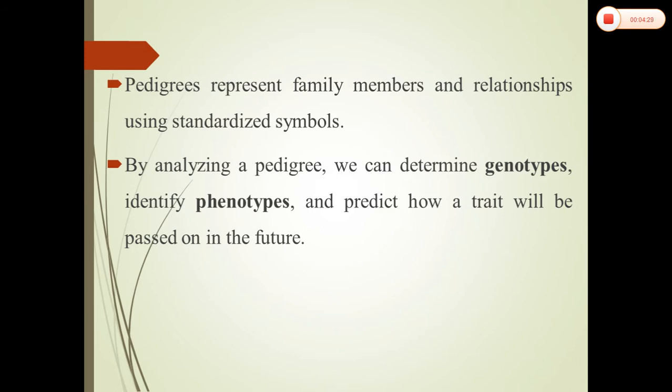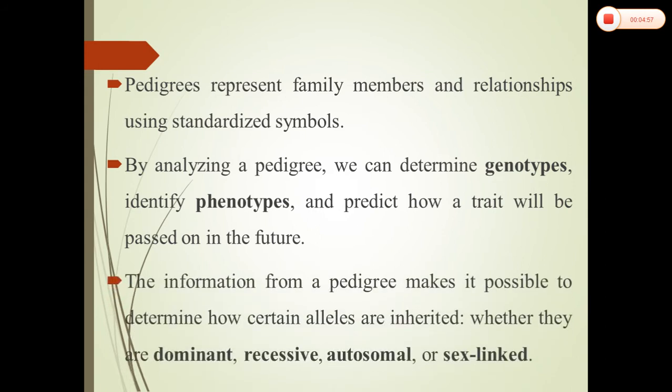So by studying the pedigree analysis, we can determine genotypes, identify the phenotype, and predict how a trait will be passed on in the future. Accordingly, a genetic counselor counsels a particular couple about the chances of a particular trait appearing in their progeny if a particular family has a history of that trait.